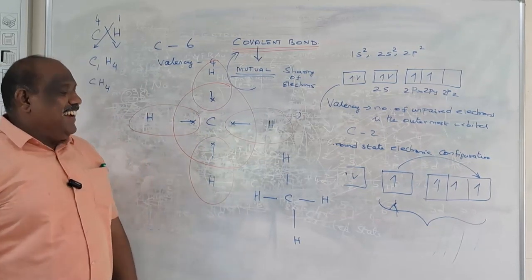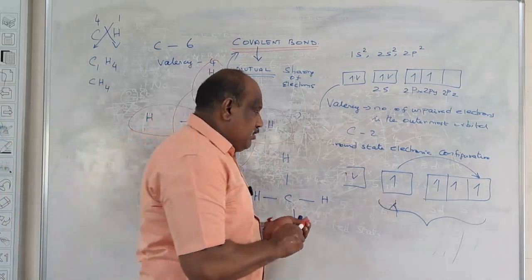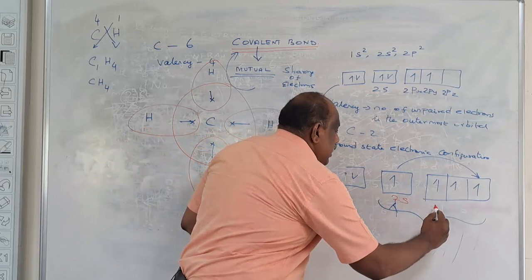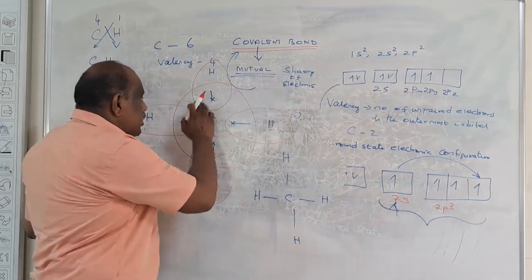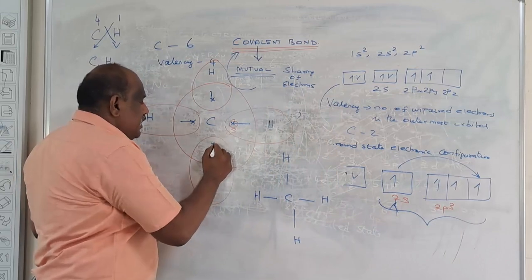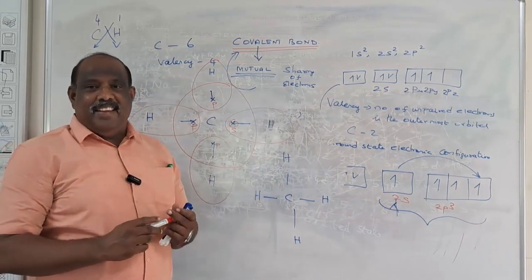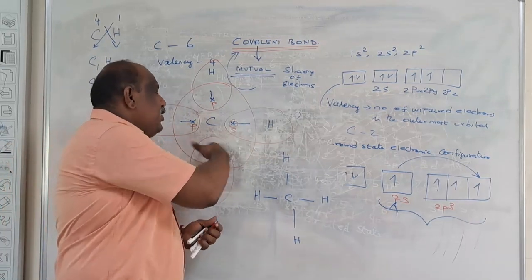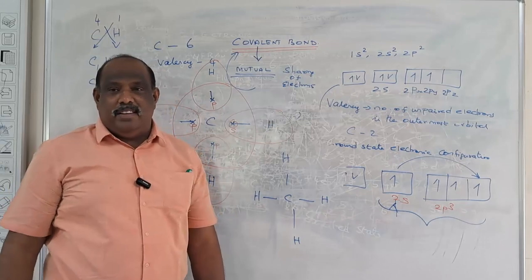Here, one of the electrons is from the 2s orbital. The other 3 electrons are from the 2p orbital. So out of this carbon, one is s, the other 3 are p. So will the bonds have equal strength or different strength? Equal strength. How?